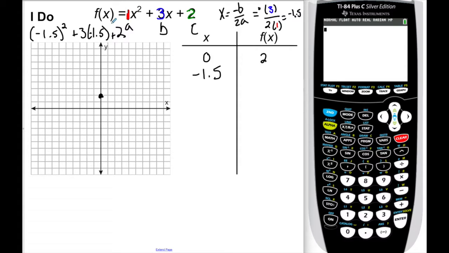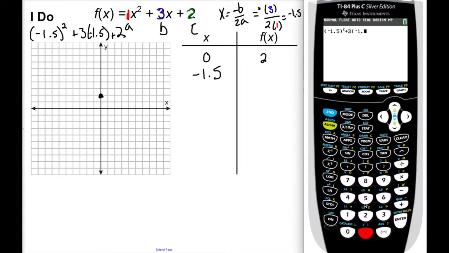Okay, so here we go. Let's plug this in. So this is what you do. You do negative. The negative, remember, is down next to the enter. 1.5 squared plus 3 times negative 1.5.